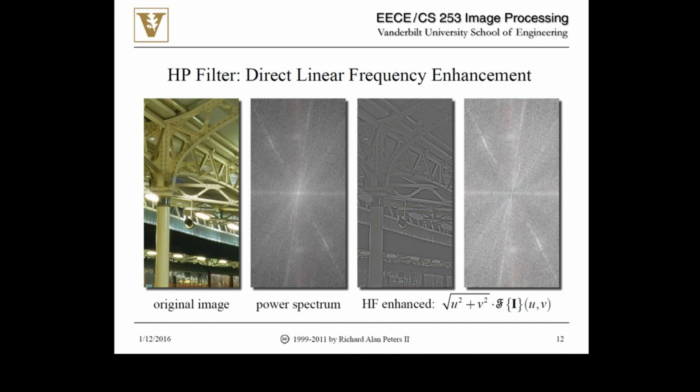This is the modulo of omega times the Fourier transform. This is the original image, the original power spectrum, and then this is the modulo of omega times the Fourier transform, and then the inverse Fourier transform. And we see that it is an edge detector, but now in all directions at the same time.